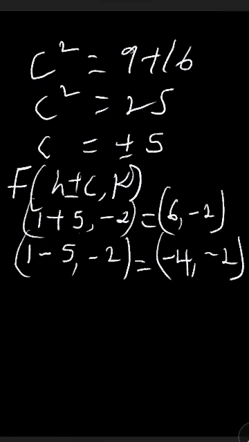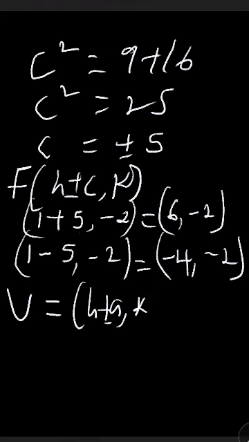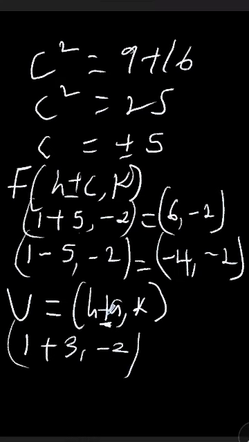If you have to find the vertex, though the question says find the foci, the vertex will give us h plus or minus a, comma k. And what is the h? The value of h is 1 plus a. What is the value of a? It is 3, comma, what is k? Minus 2. For the positive one, 1 plus 3 will give us 4, comma minus 2.